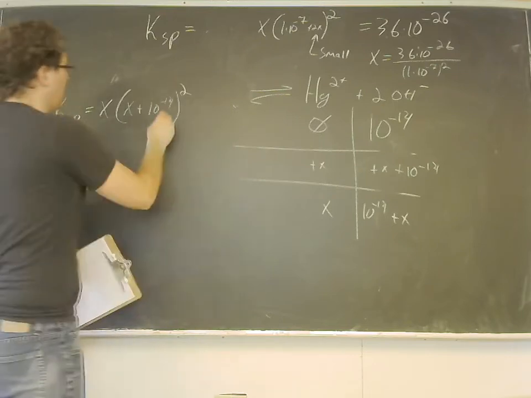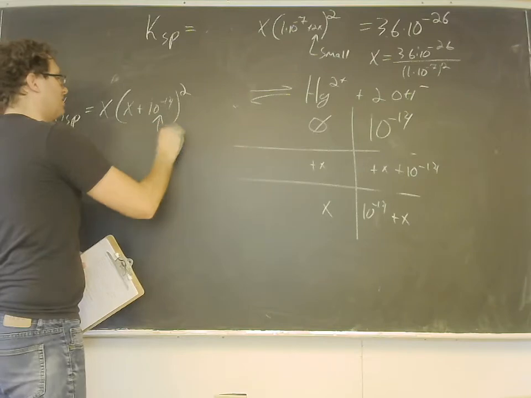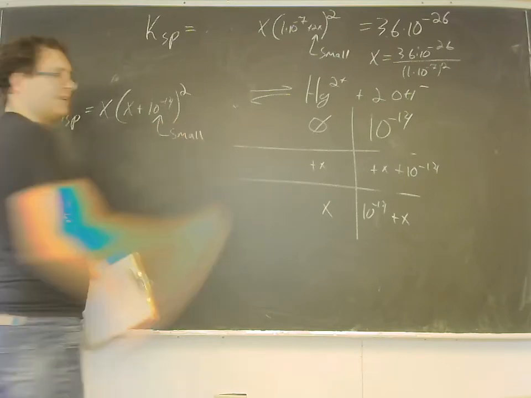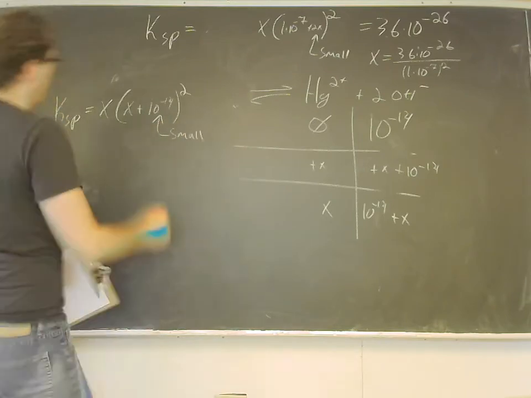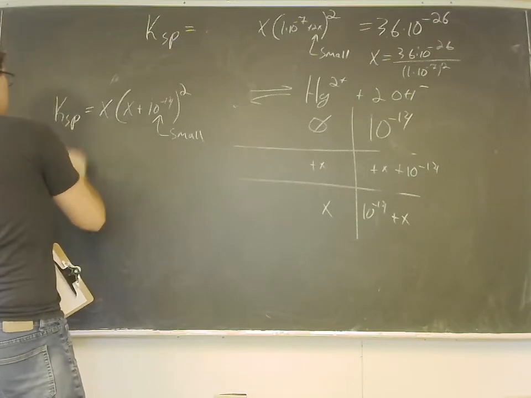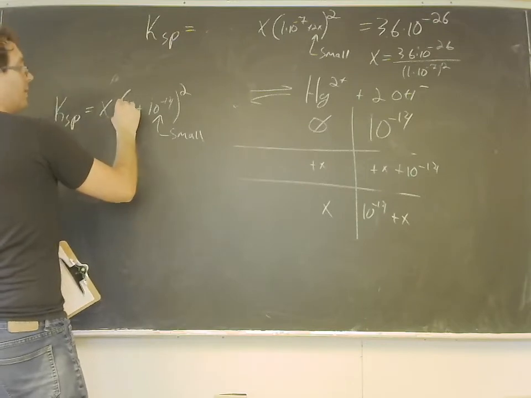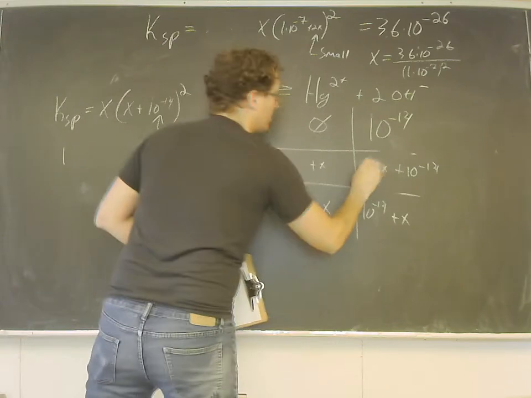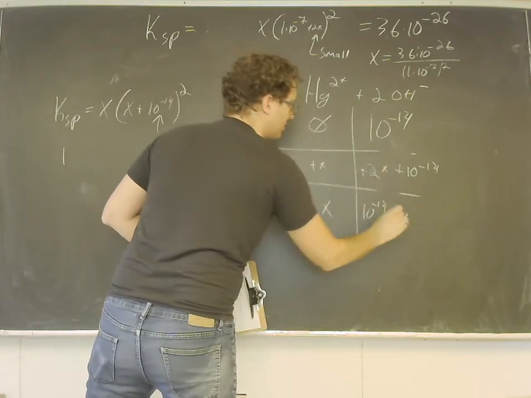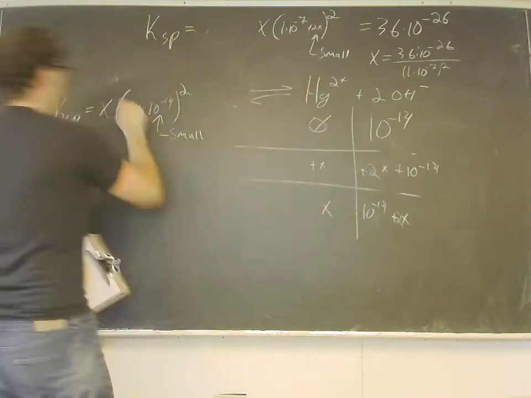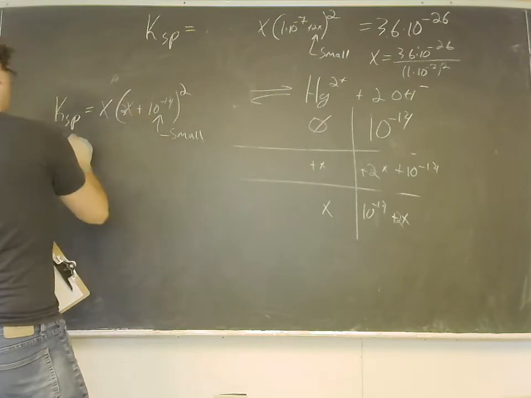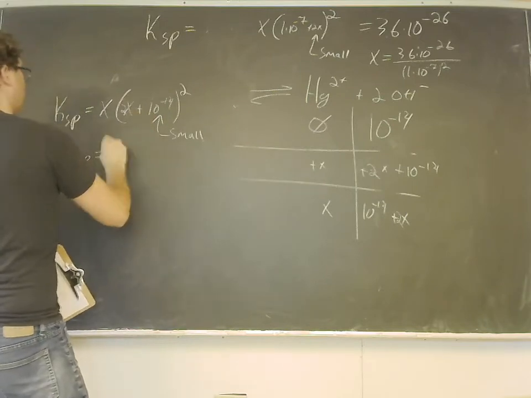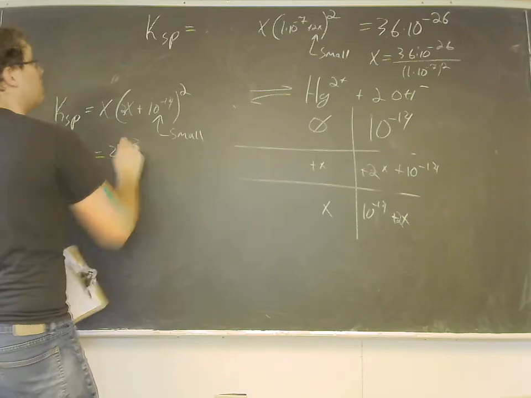And here we'll actually say that x is large. It's this 10 to the negative 14th, which is small. And so this reduces, oops, that'll be a 2x. All this time, that should have been a 2x. And we'll end up here with the KSP is equal to 4x cubed like before.